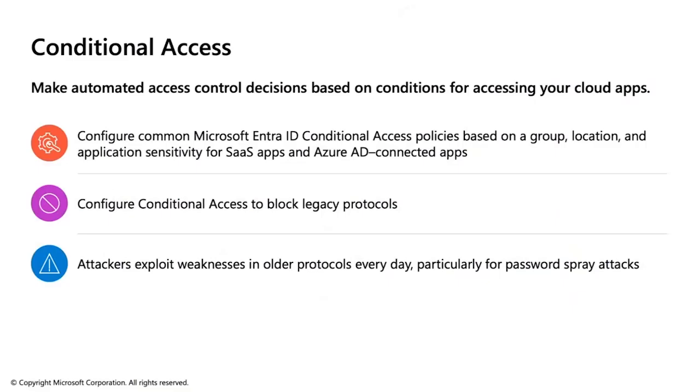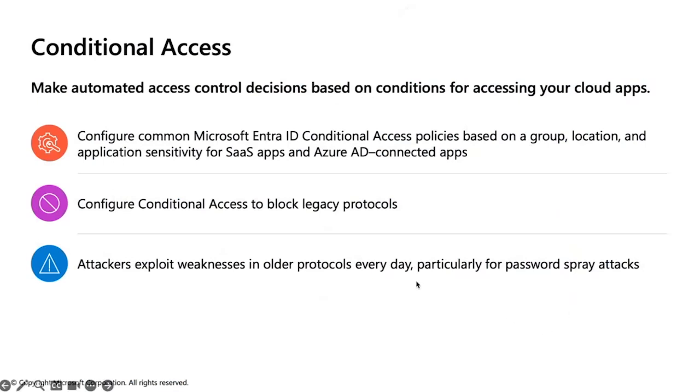For example, I want to disable access for a specific IP address, a specific user, or based on a group, location, or device type. These are all things we can achieve in conditional access.